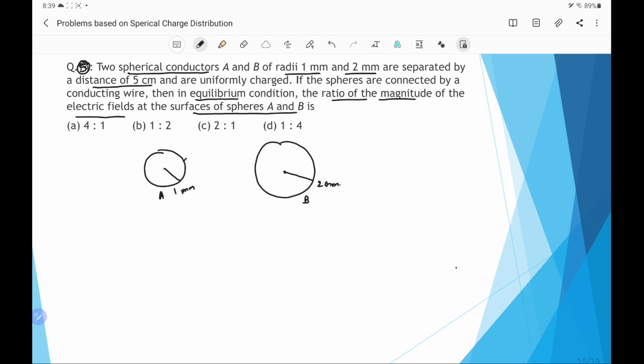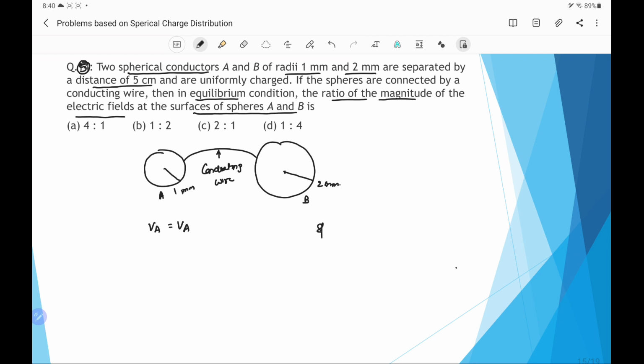They are connected by a conducting wire, and under equilibrium condition, the flow of the charge will stop, and this static condition states that potential of A equals potential of B. That means potential at the surface of conductor A should equal potential at the surface of conductor B to get the equilibrium condition.